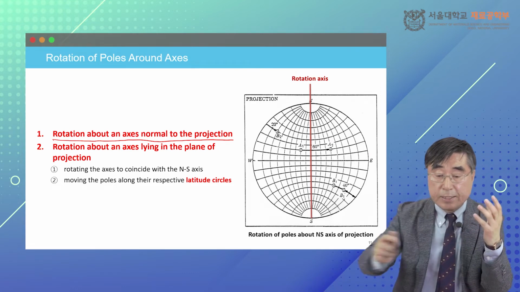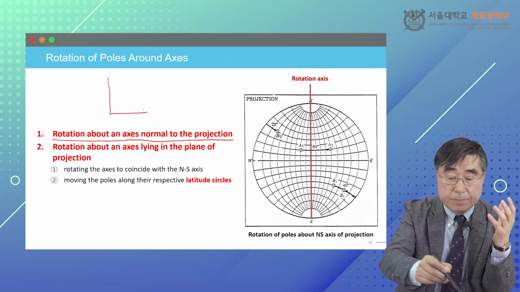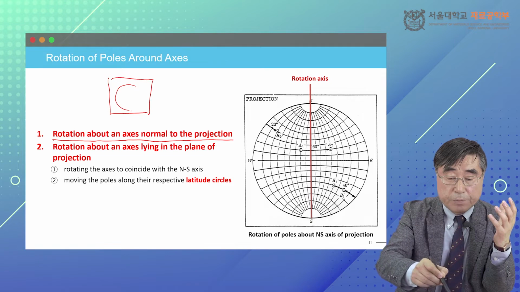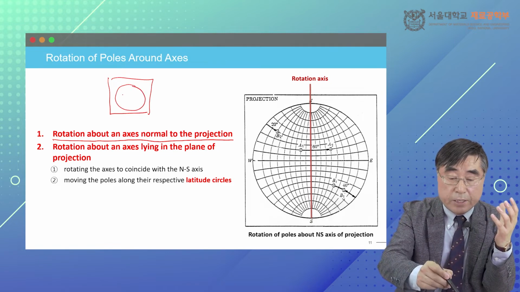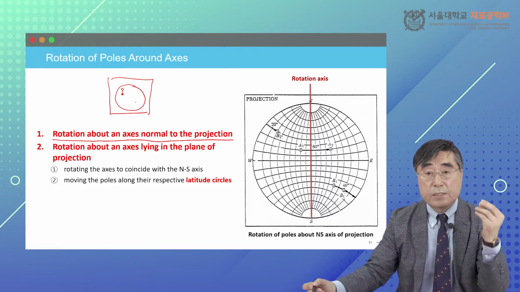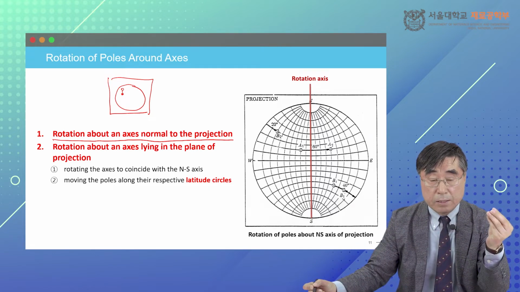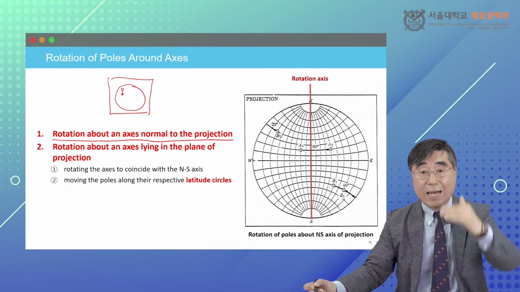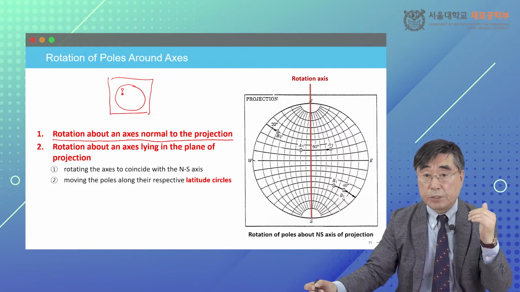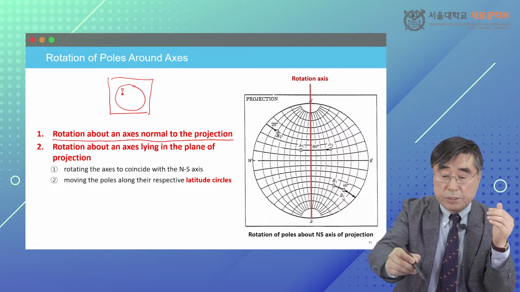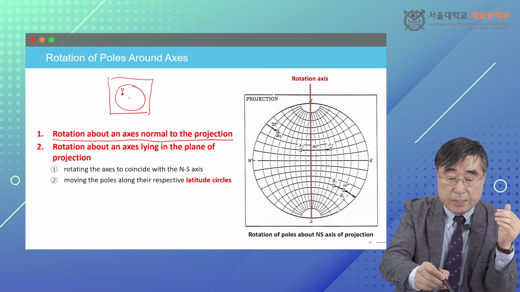What it means is I have a stereographic projection here, and if there are certain poles in here, P1, I wanted to rotate this pole, P1, from the normal line to this stereographic projection. The normal line to this stereographic projection is designated at the center.